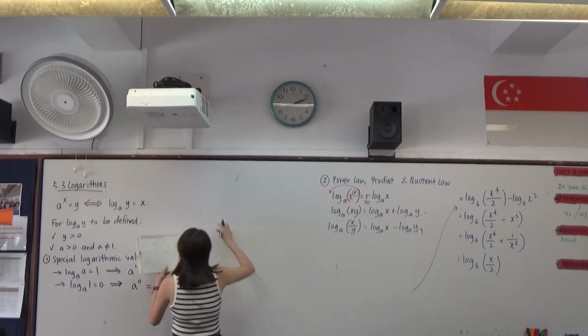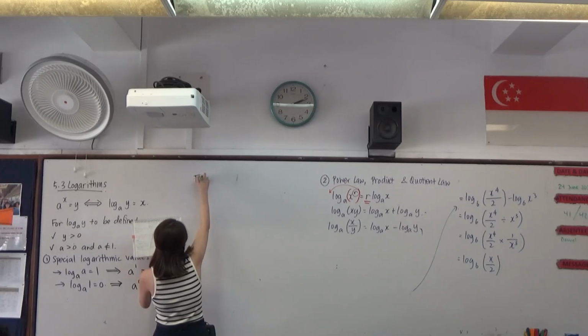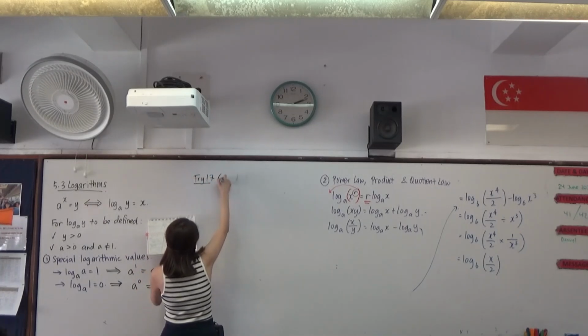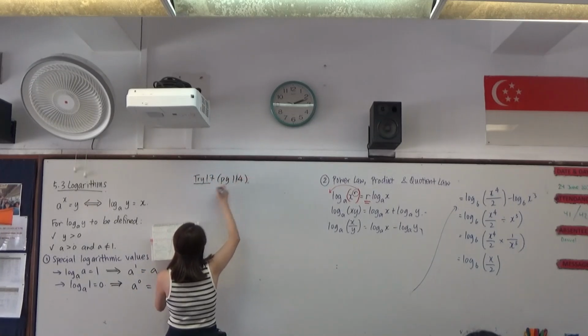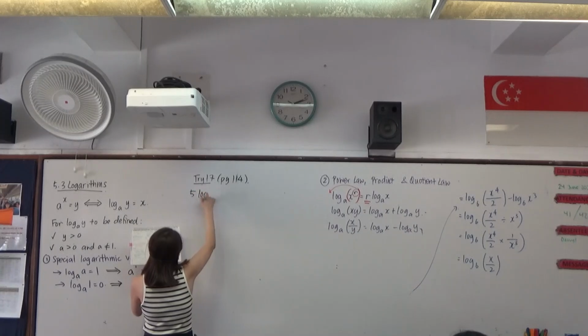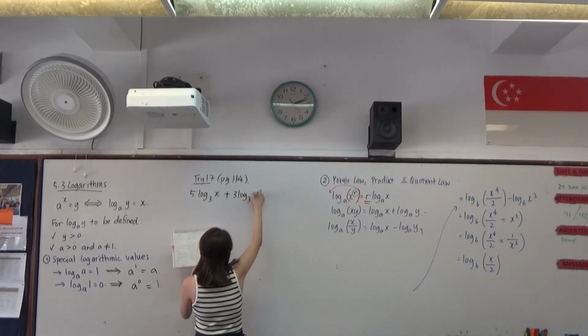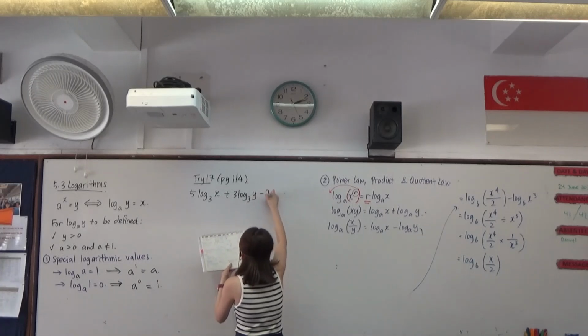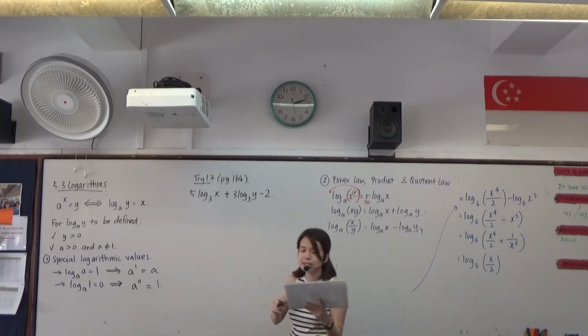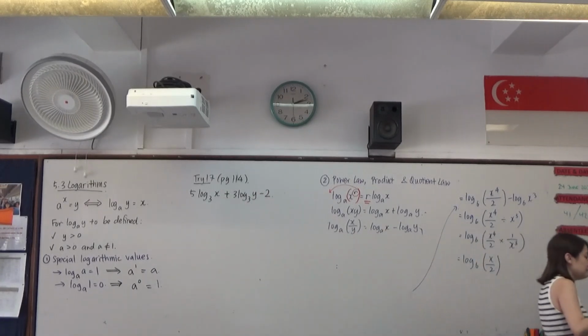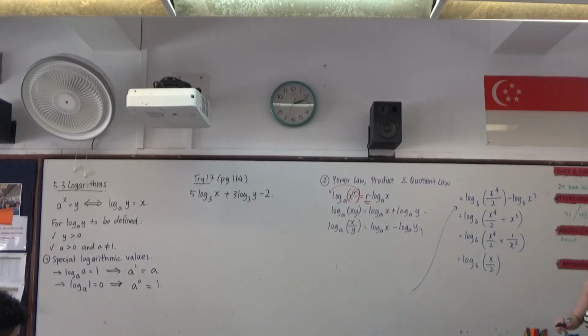Right. Now, try 17. We have 5 log x base 3 plus 3 log y base 3 minus 2, and we want to express this as a single logarithm, meaning to say there should only be one log up here.